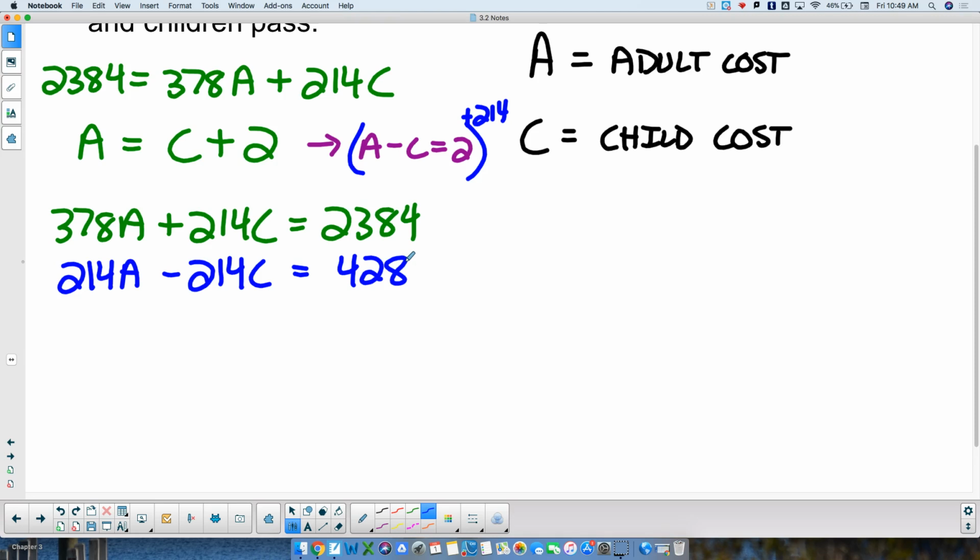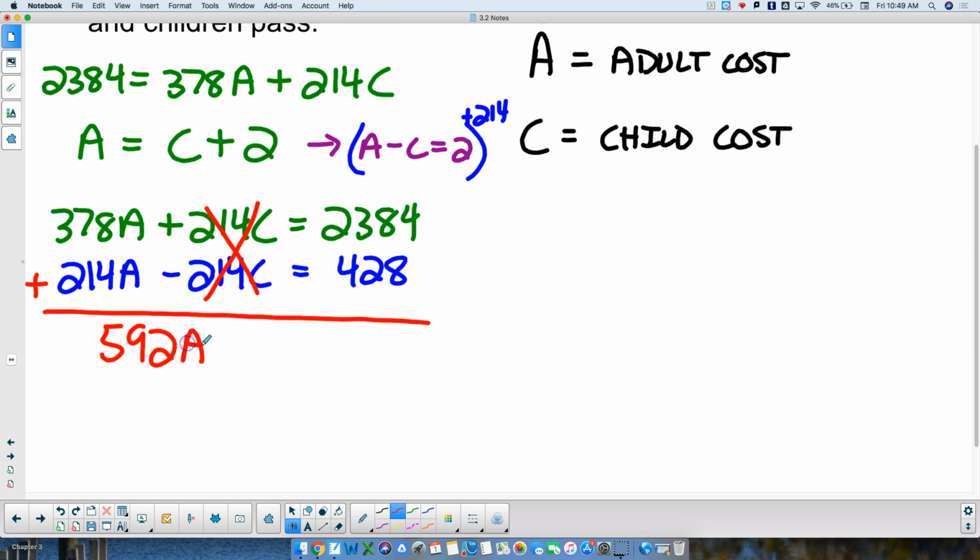Add those two equations together. My C's now are eliminated. 592A equals, 2000, let's go 2 out there, carry the 1, 1, carry the 1, 2812.